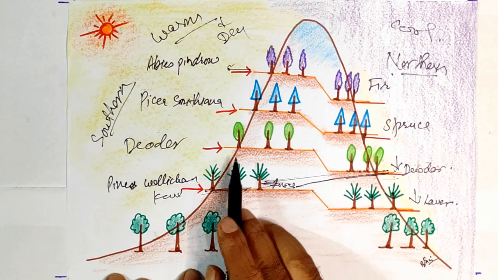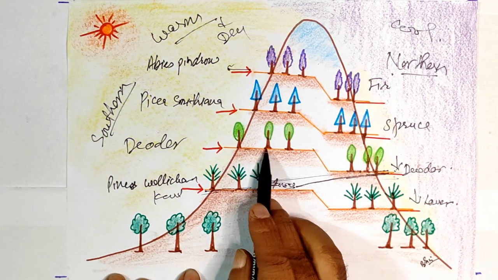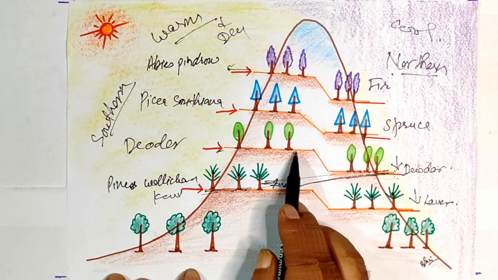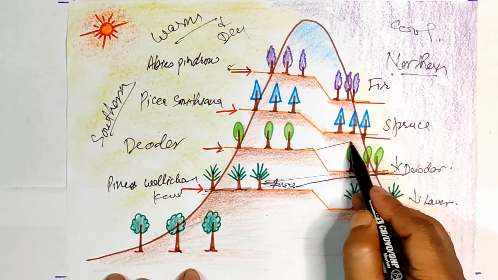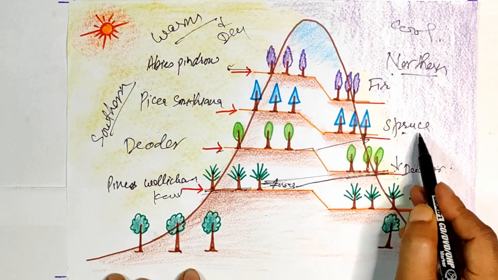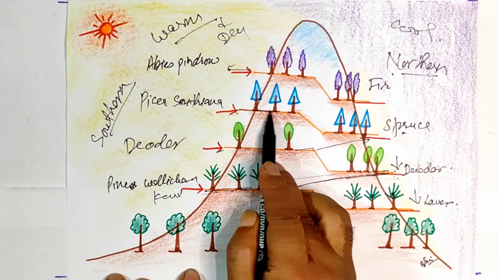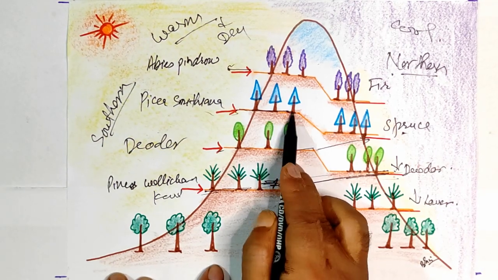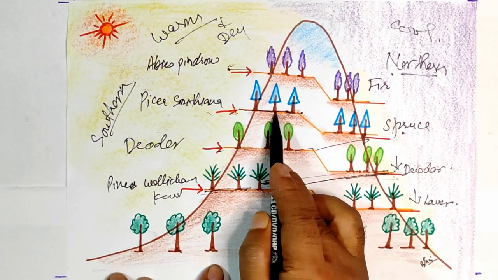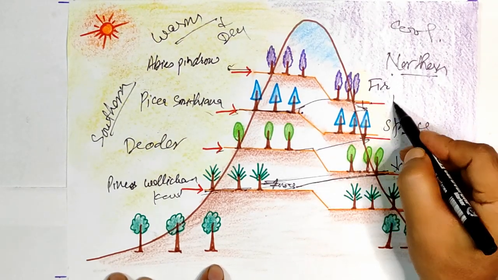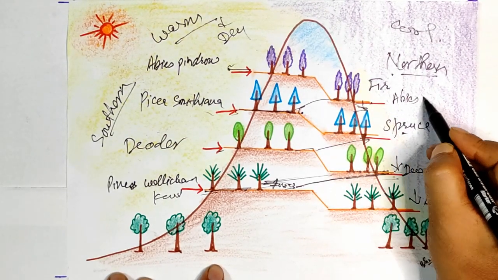Let's take this one. Deodar is coming here in the southern aspect. Nearby on the northern, you have Picea smithiana. Similarly, if Picea smithiana is coming here on the southern side, on the northern, at the same altitude, you will have Abies pindrow.